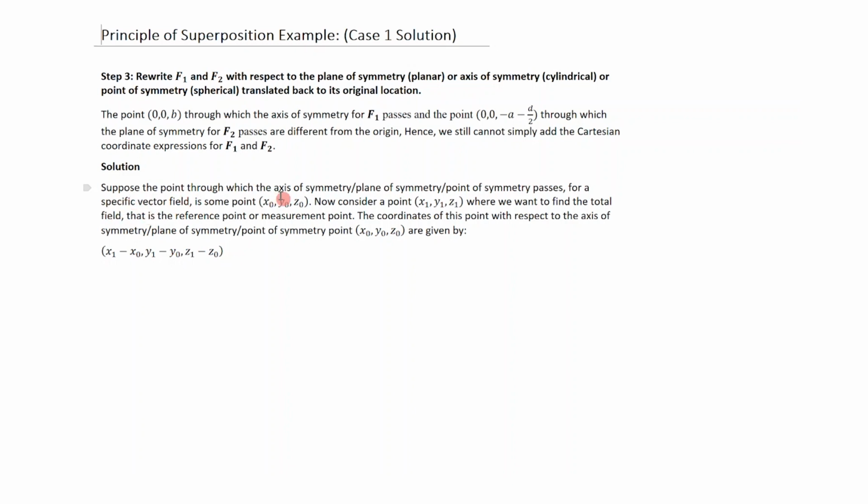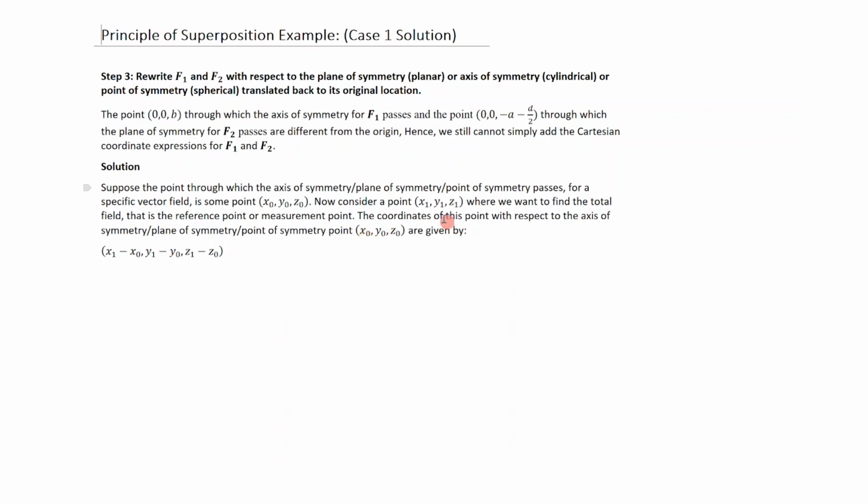Suppose the point through which the axis of symmetry, plane of symmetry, or point of symmetry passes for a specific vector field is some point x naught, y naught, z naught. So that's basically where the calculations were given to you in the first place. Now consider a point x1, y1, z1 where we want to find the total field. That is what we call the reference point or measurement point.